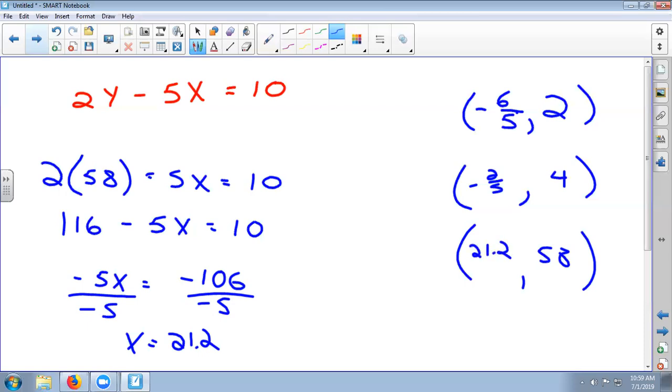Here's the problem with that. You need a really big graph to do that, right? 21.2, 58. Has to go right 21.2, up 58. We try to keep the numbers relatively small.